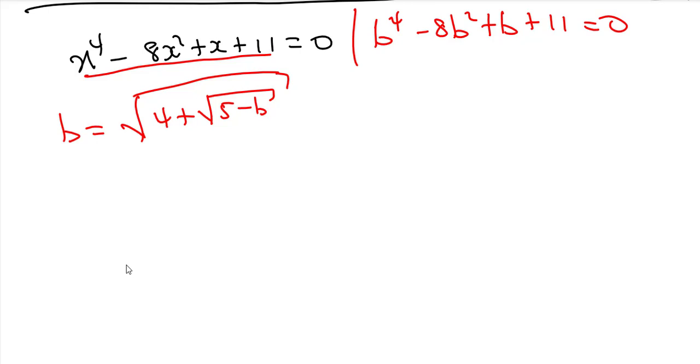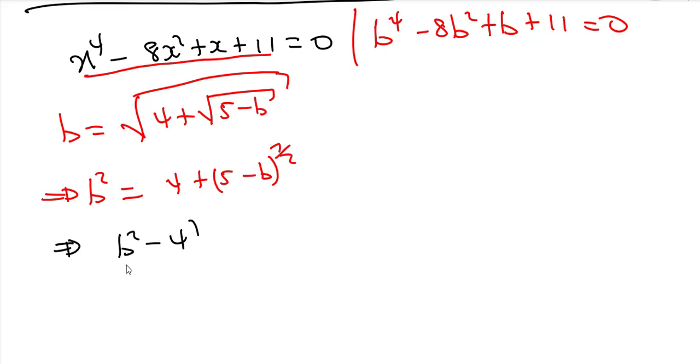So let's verify. If I square both sides, I will have b squared is equal to 4 plus the square root of 5 minus b, that is, 5 minus b raised to the power half. Now if I subtract 4 from both sides, I have b squared minus 4 equal to 5 minus b raised to the power half.